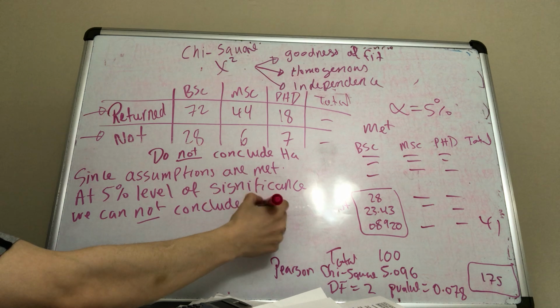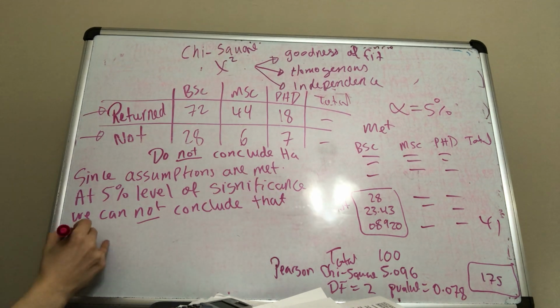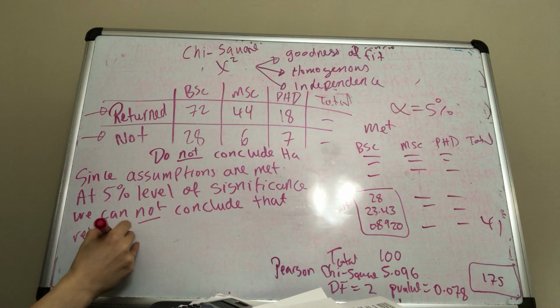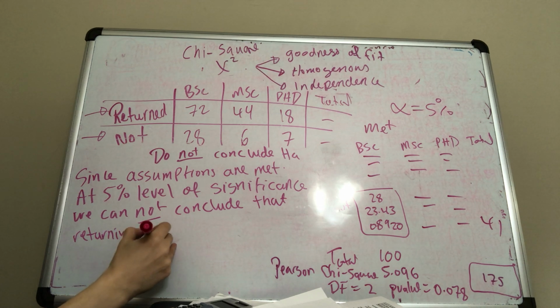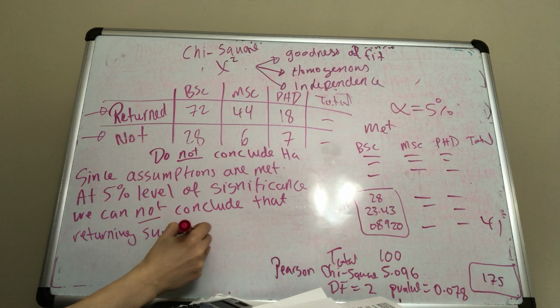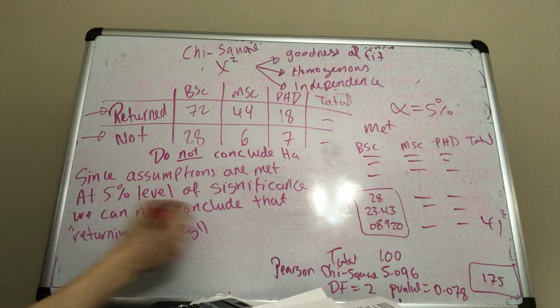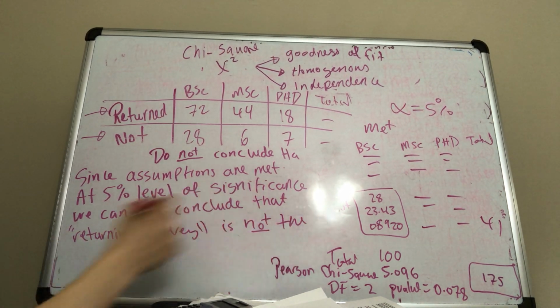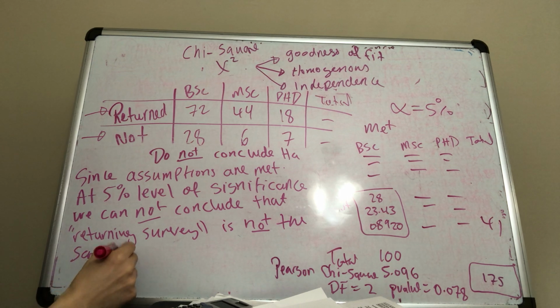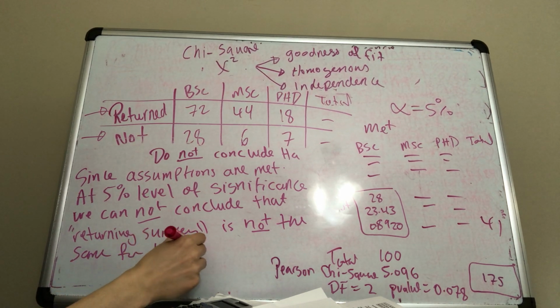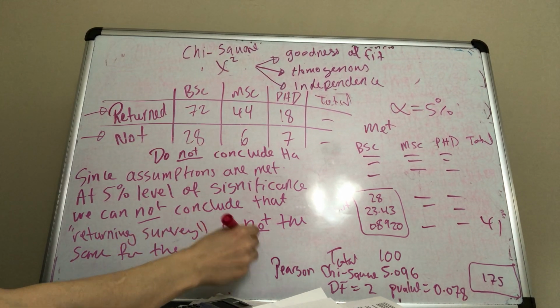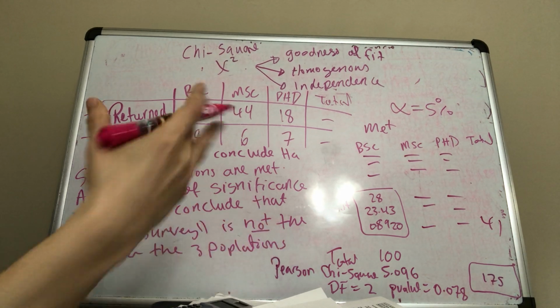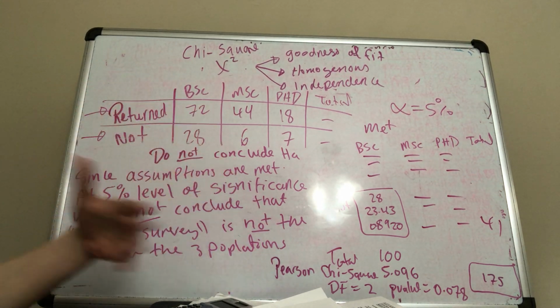We cannot conclude that the returning survey is not the same for the three populations of bachelor's, master's and PhD.